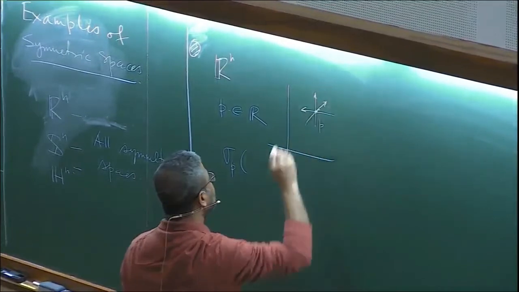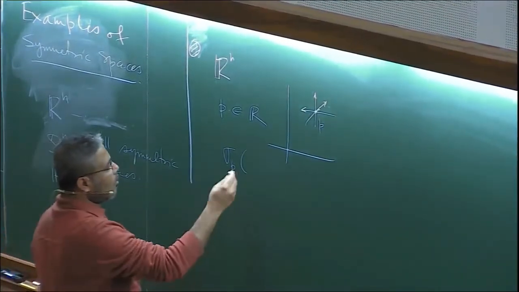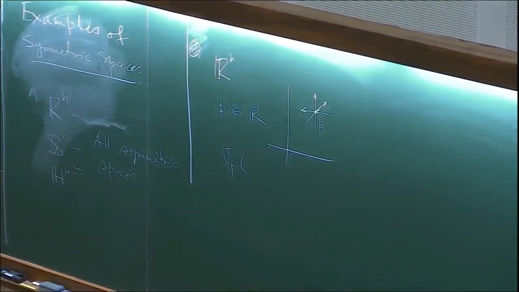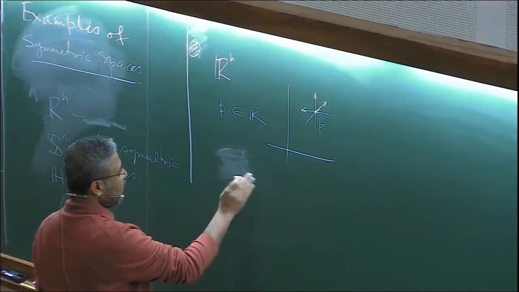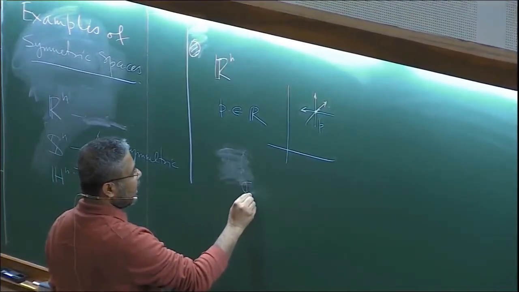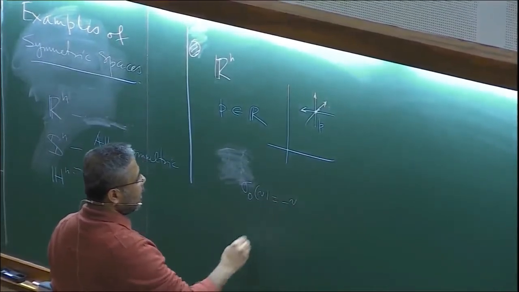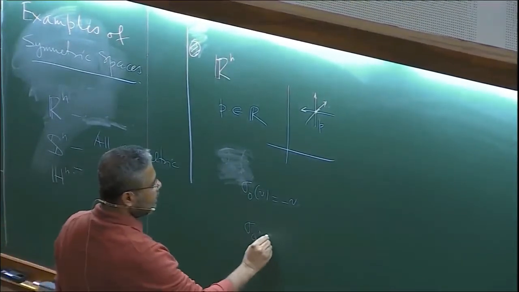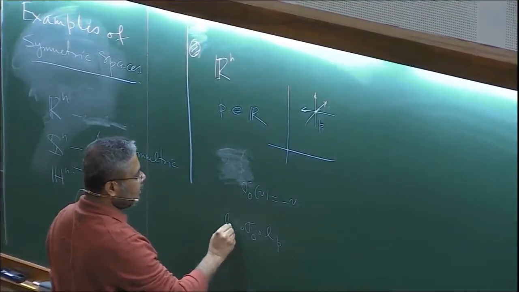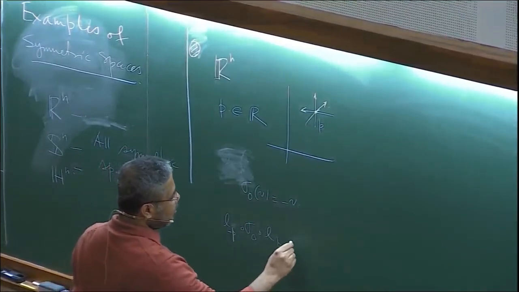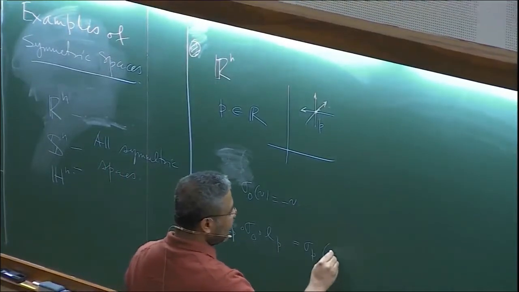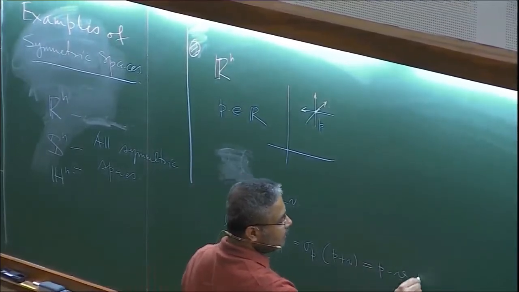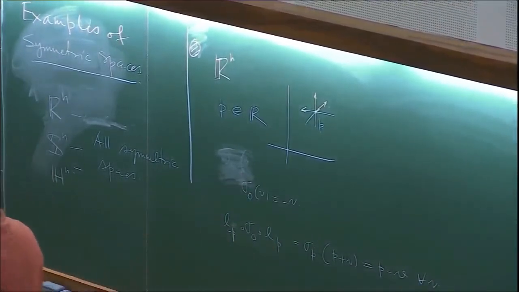The formula is going to be, you know what to do at the origin, but you just translate it by a vector at the point P. At 0 it should be minus V, and then L P minus P, and that is going to give you sigma P. If you write down the formula explicitly, you will see that it is going to P minus V for all V. And you can check that this is a symmetry.